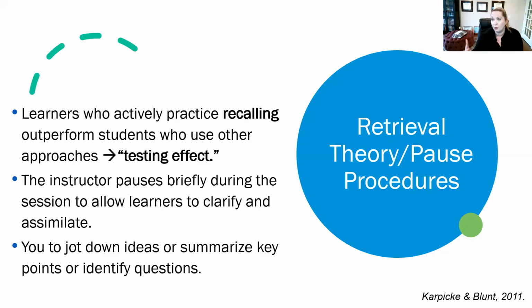You allow learners to work potentially in pairs to review and discuss material with one another. You can repeat this 2 or 3 times throughout the session that you're giving. And then in the last 3 minutes, you can have learners write down everything they recall from the session.